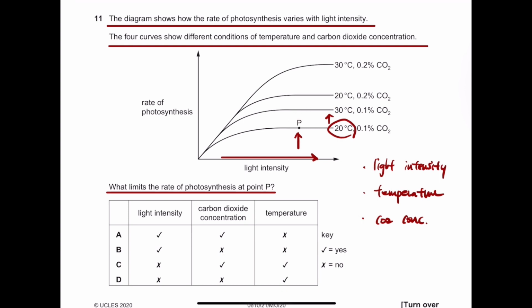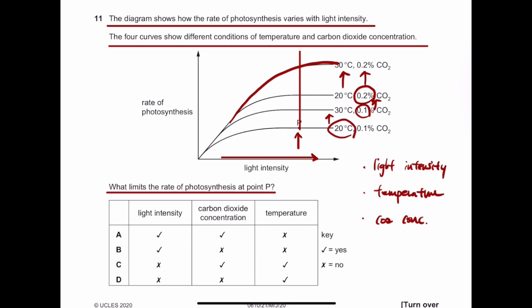And if the concentration is increased from 0.1 to 0.2, you can see that the rate of photosynthesis is increasing. And if both temperature and the concentration get increased, the rate of photosynthesis also increases to a higher level. Okay?